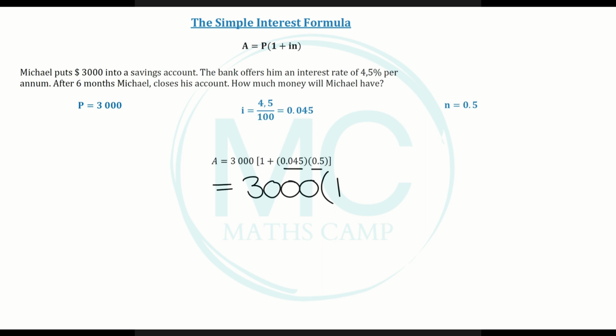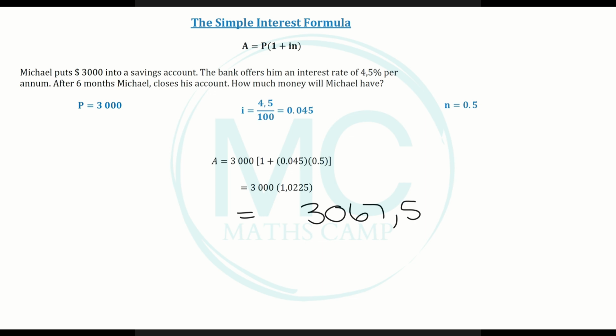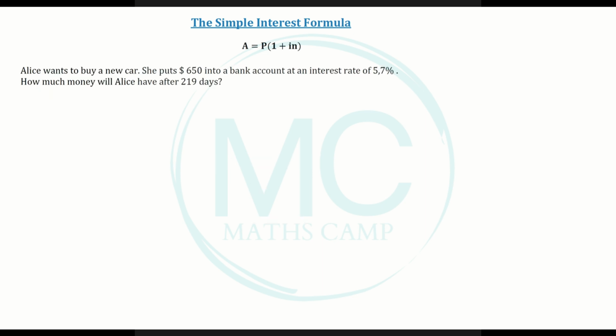Add 1, and we get 1.0225. Finally, we can multiply P by the bracket, and we get 3,067.5. But remember, we are working with money, so we always round off to 2 decimal points. And this gives us $3,067.50.